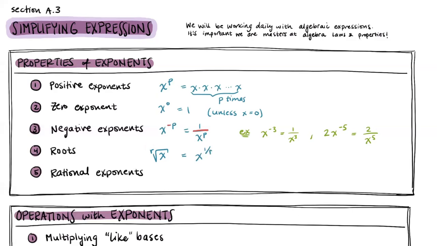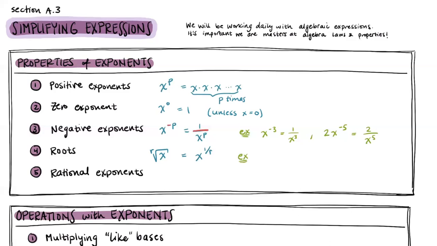As we're working with these kinds of expressions in calculus, and you'll see why when we get there, you just have to trust me for now that having x to a power in the numerator with no fractions is going to be a lot easier to work with. These are equivalent on either side of the equal sign, but depending on what you're doing, you might want to use one form over the other.